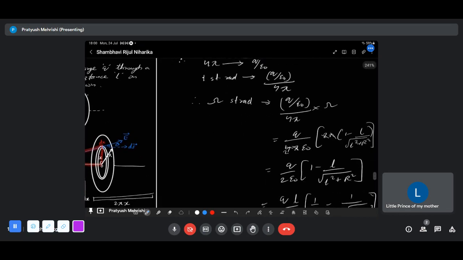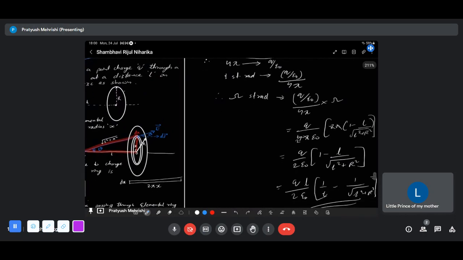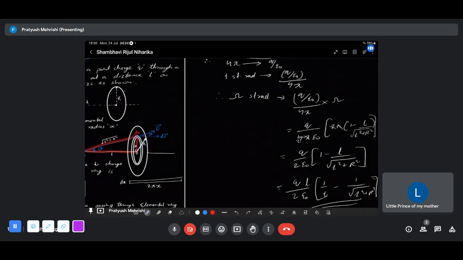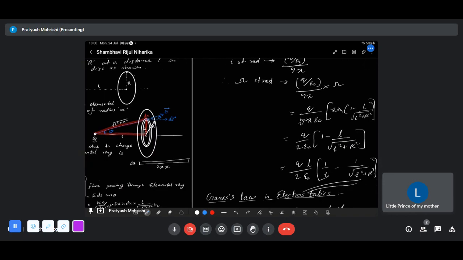Got it now? Therefore, what will be the flux when omega steradians are there? Multiplied by omega. And what is omega? Omega is the solid angle made at the center: 2 pi into (1 minus L upon root of L square plus R square).